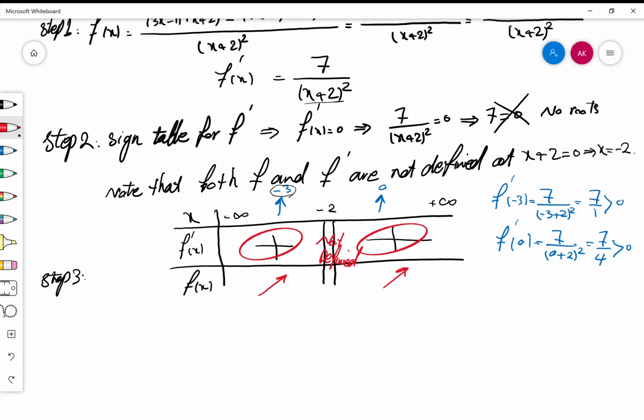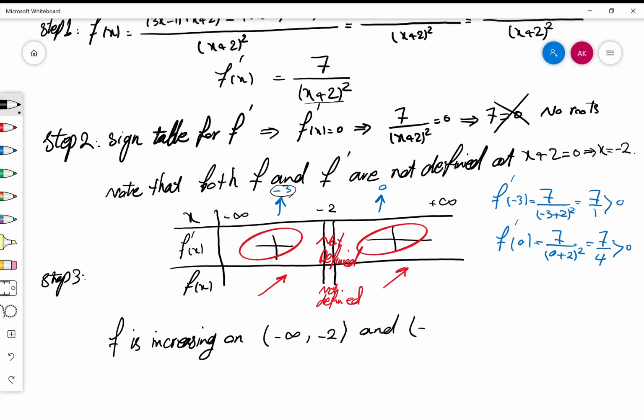And again, you have to note that f is also not defined at -2. The final summary would be: f is increasing on (-infinity, -2) and (-2, +infinity).